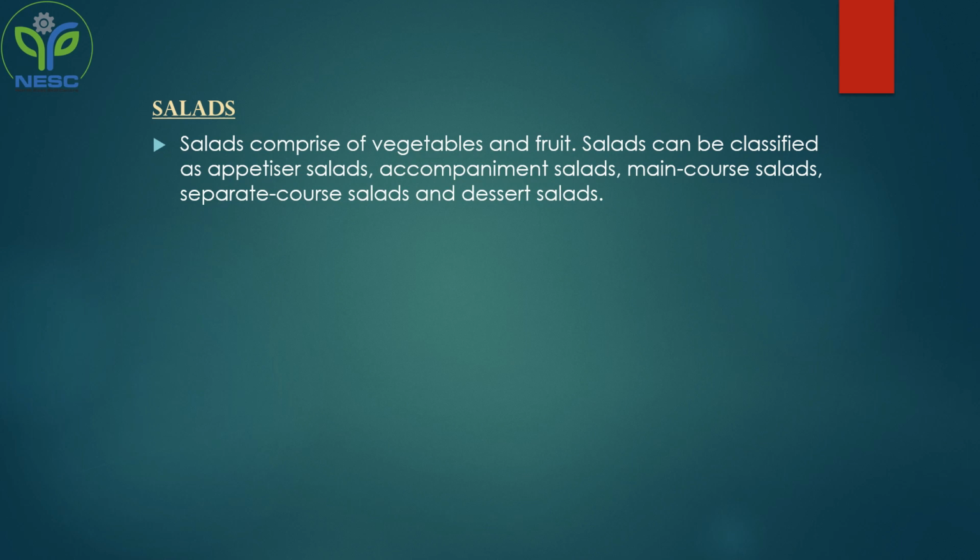Next is accompaniment salad. These are the salads that normally comes with your main dish. Next is main course salad. This is something that can stand in for a meal. This can be meat salad, fish salad, egg salad, etc.